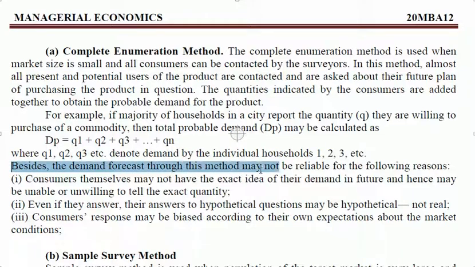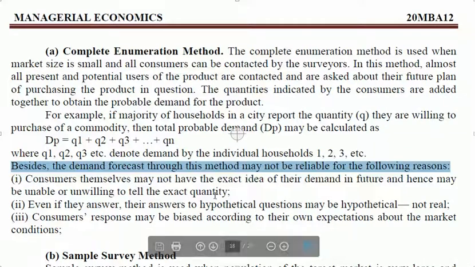Okay, besides, one thing is written here: the demand forecast through this method may not be reliable for the following reasons. Why? Because consumers themselves may not have the exact idea of the demand in the future, and hence they may be unable or unwilling to tell the exact quantity. Even if they answer, their answers to hypothetical questions may be hypothetical, not real. Consumers' responses may be biased according to their own expectations about the market conditions.